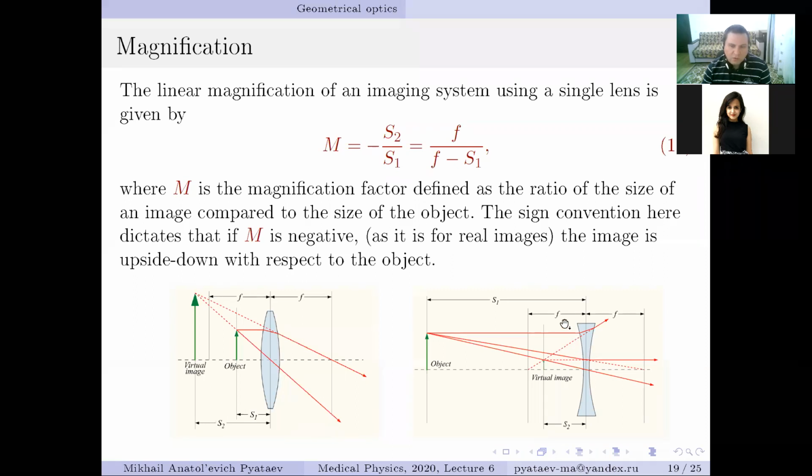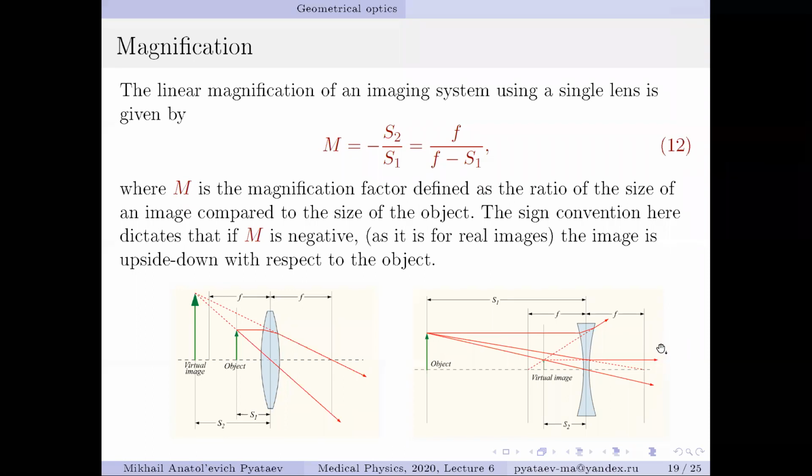Anyway, negative lenses can be used for some reason, and they can be a part of a complicated optical system. So they can be used for vision correction. So they are also widely used.